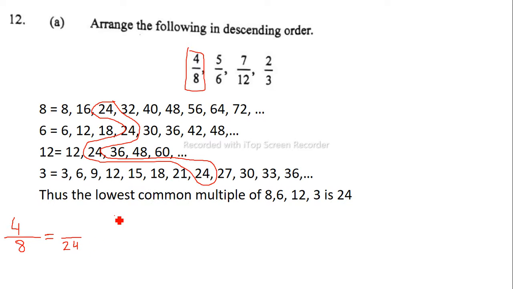Then we have 5 over 6, and the bottom number is going to be 24, and then we have 7 over 12.